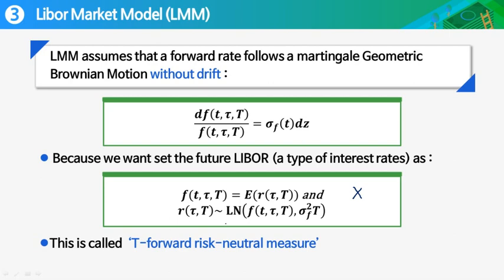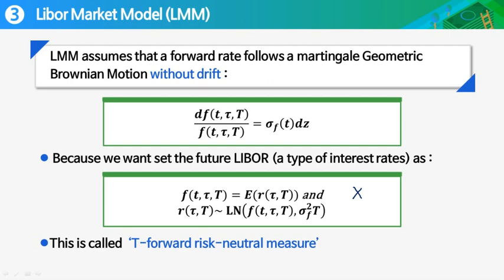And this kind of world is called the T forward risk neutral measure. So it is a kind of risk neutral world, but we are imagining that in this particular risk neutral world, this expected future interest rate is the same as the forward rate. Therefore, this was a particular different risk neutral world, and we call it the T forward risk neutral world.